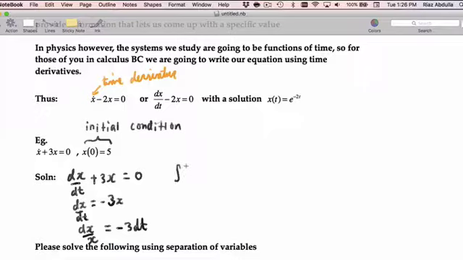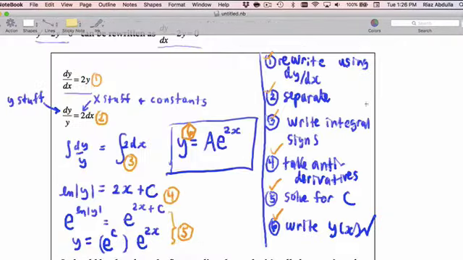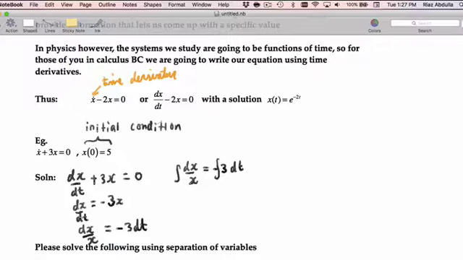Now we're going to write integral signs on both sides, like this. Just to double check, we've done step 1, step 2, step 3. Now let's take our antiderivatives.